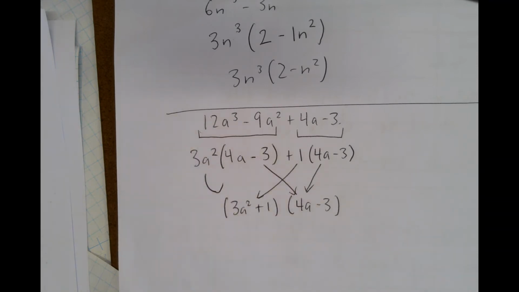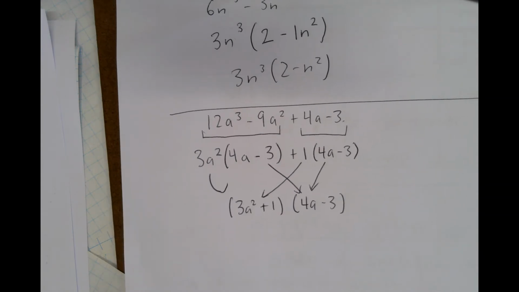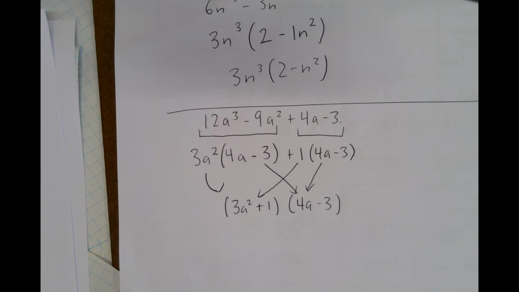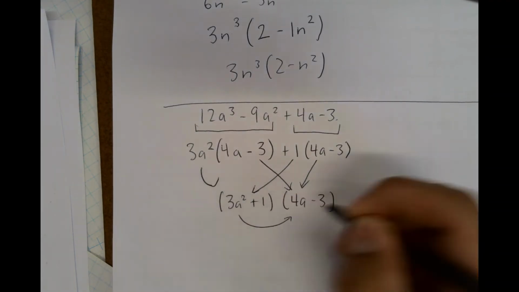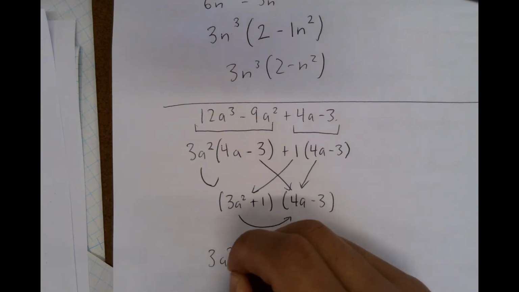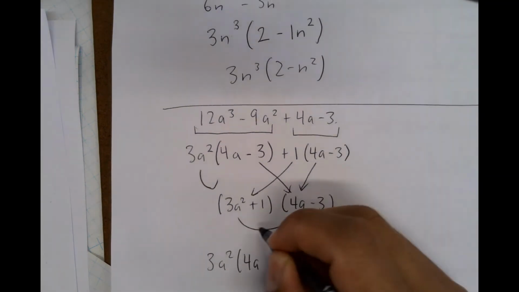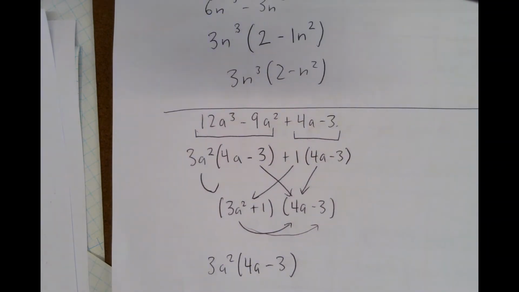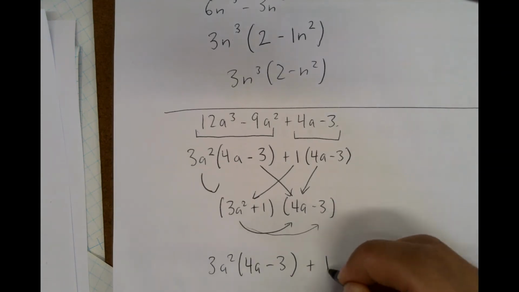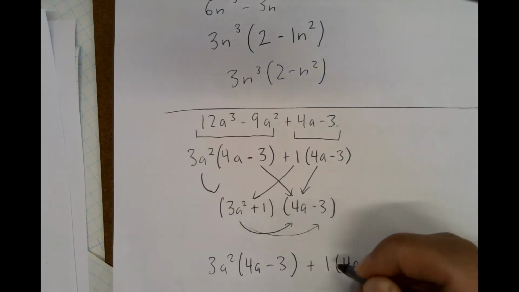The reason we're able to do this is actually because of the previous lesson that we did, the previous chapter, which is that if we multiply things out, we would multiply 3a squared times 4a, and then we would do 3a squared times negative 3, right? So if we were to distribute this back out, we would get 1 times 4a and 1 times negative 3.